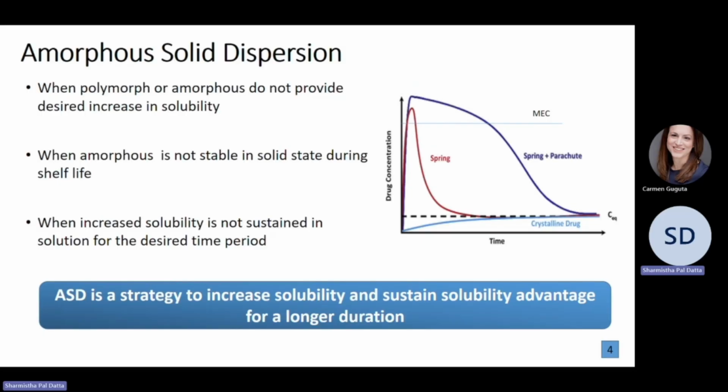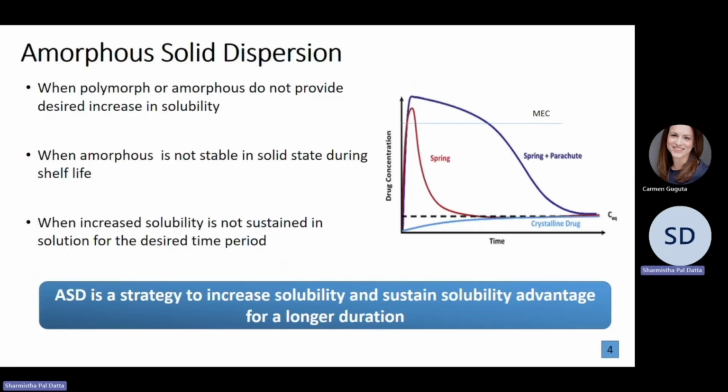However, the disadvantage of amorphous material is that, because of its higher solubility, which is a good thing, once it dissolves it creates a high supersaturation and can immediately precipitate or crash out. If it does so, the solubility can just come down to that of the crystalline form itself, rendering the advantage of the amorphous null and void.